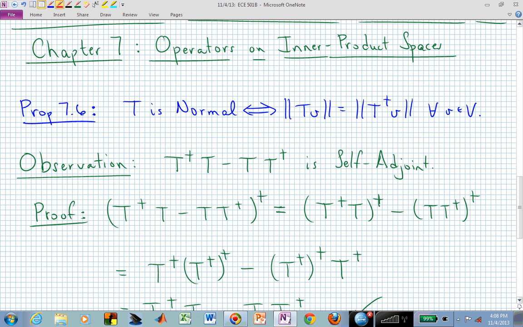The norm of Tv is equal to the norm of T dagger v for all v in this inner product space, capital V. That's proposition 7.6, and I believe we proved that last time at the end of lecture. So I'm not going to redo that.